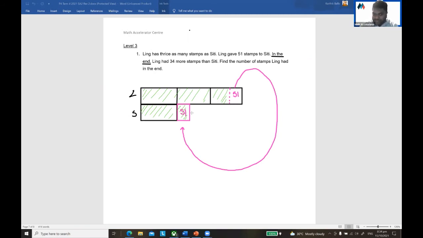From here up till here, this part is 34. In your model, don't erase the arrow, but I am going to erase the arrow. Please don't change yours.